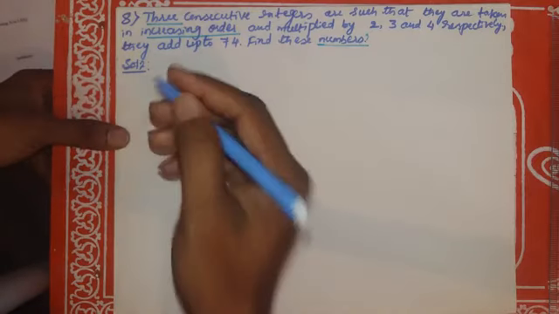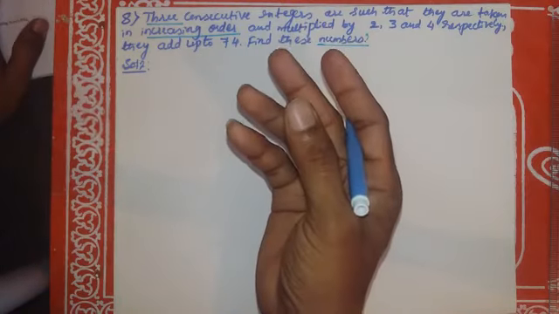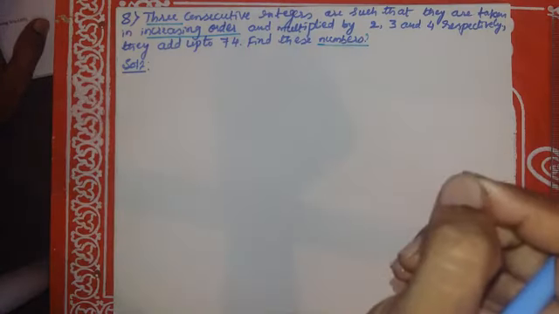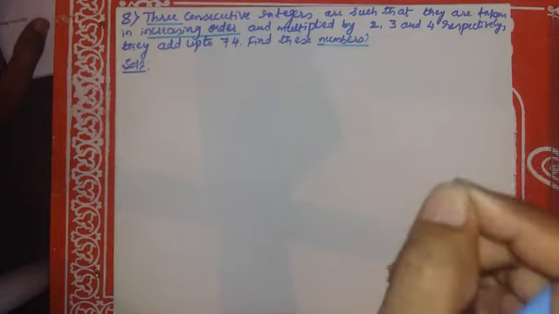Solution. See, first we should know the three consecutive integers. What are those? x, x plus 1, x plus 1 plus 1 means x plus 2.